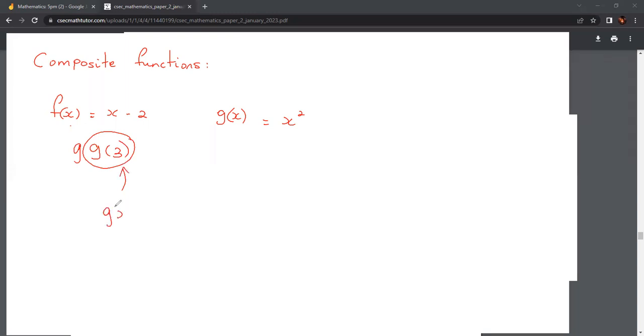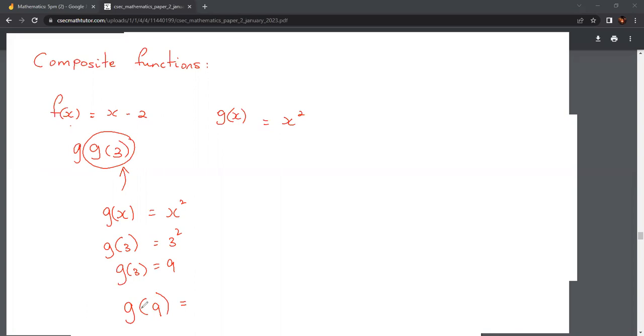Remember, g of x was x squared. So g of 3, wherever I have x, I'll put 3. So I'll end up with 3 squared. 3 3s are 9. So g of 3 is 9. So I could actually replace g of 3 with 9.